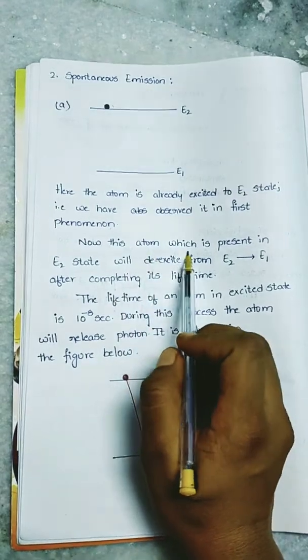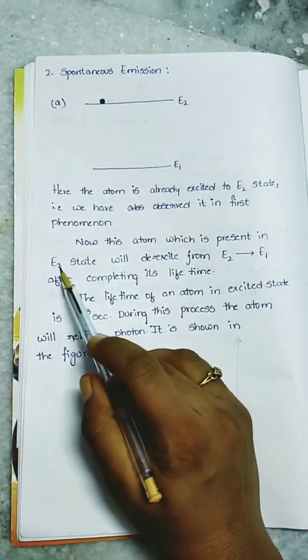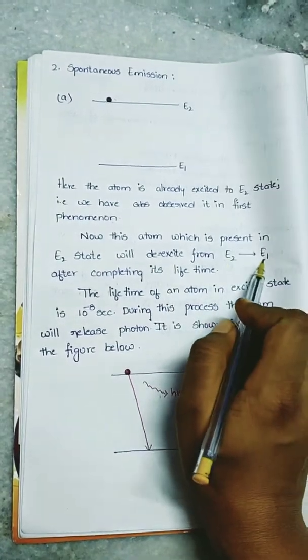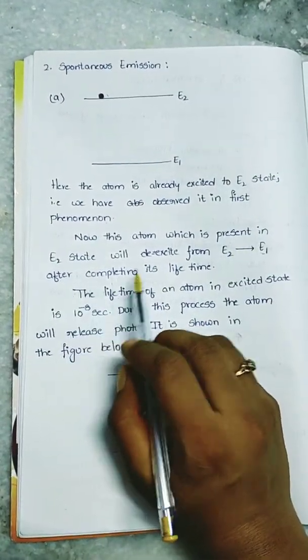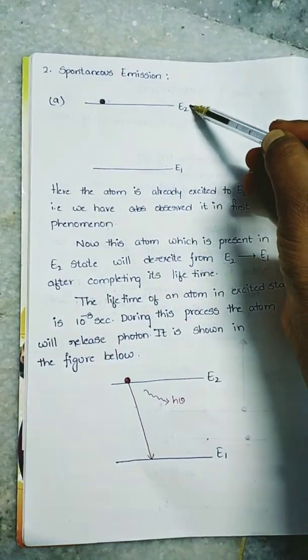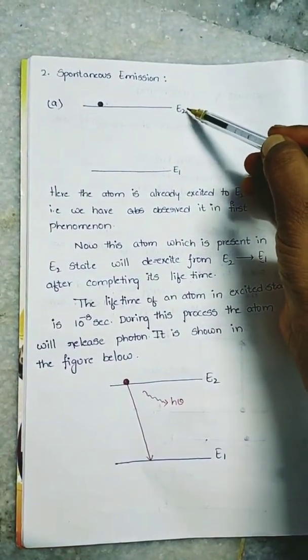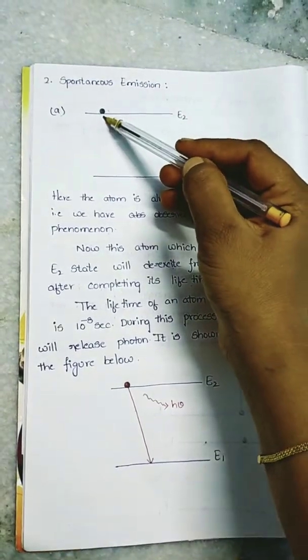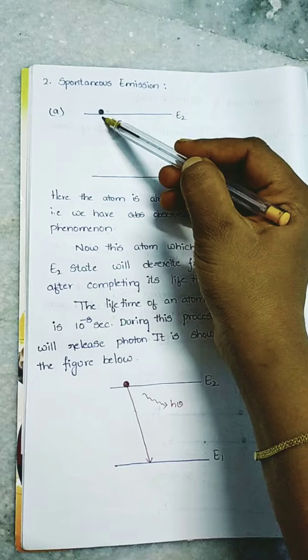Now this atom which is present in E2 state will de-excite from E2 to E1 after completing its lifetime. That means it will again move from E2 to E1 once this atom completes its lifetime.